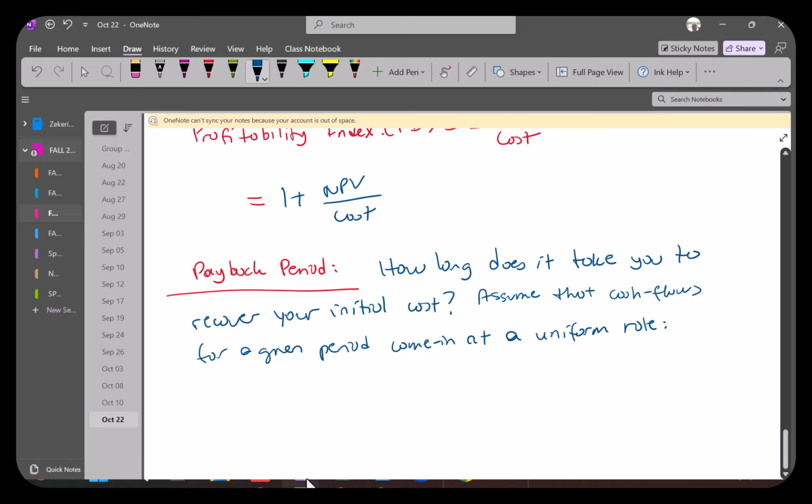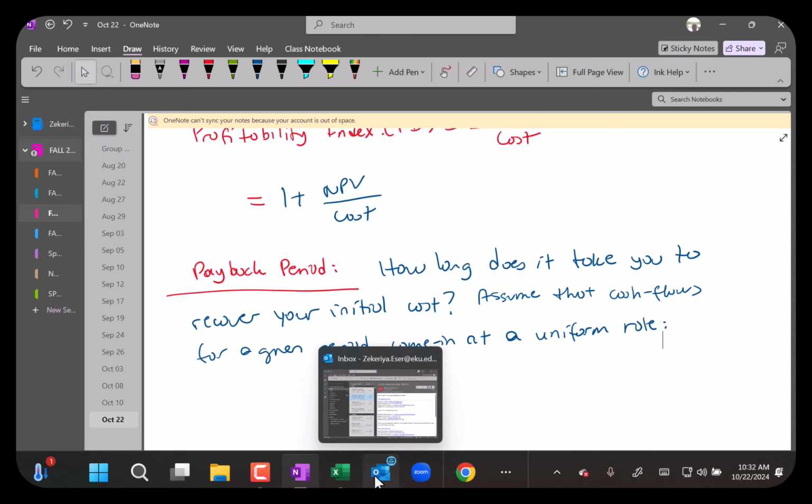So if I'm getting $50,000 a year, in 3 months, I'm going to get 12.5, right? In 6 months, 25, and so on. Let me first illustrate it with an example.